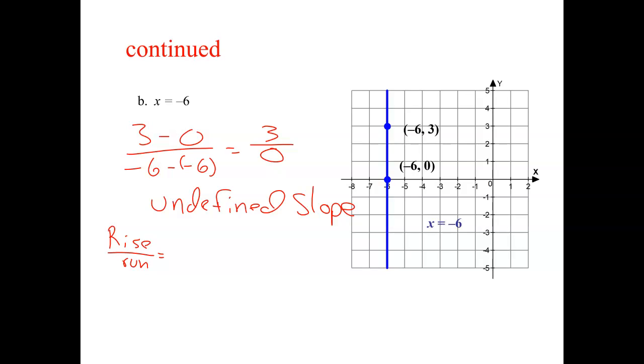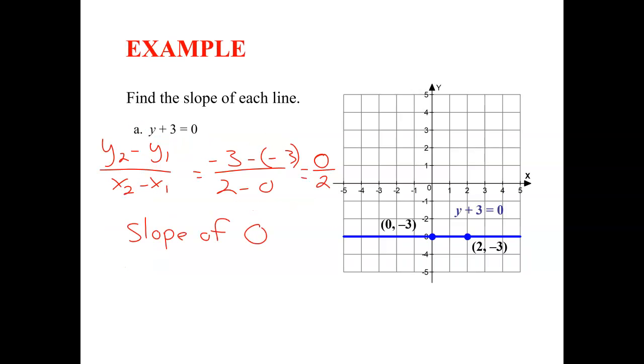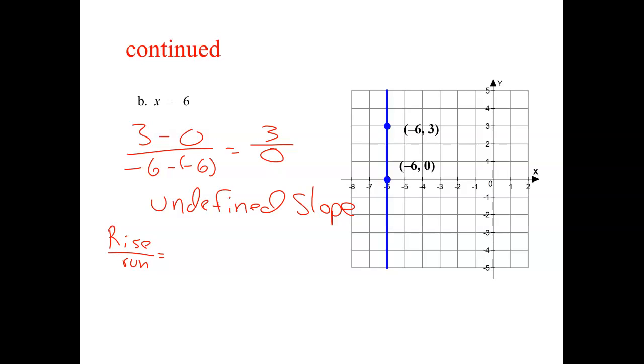But with a slope of 0, for every unit right, I don't go up at all. So on a horizontal line, I have a slope of 0 because I go up 0 and I go over 1. Okay? But when I'm looking at my vertical line, trying to go up, well, I never stop going up. I don't even get a chance to go over.